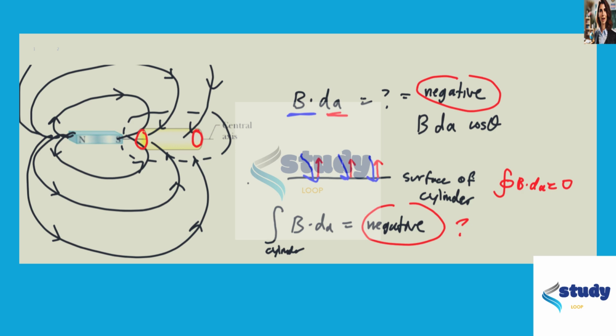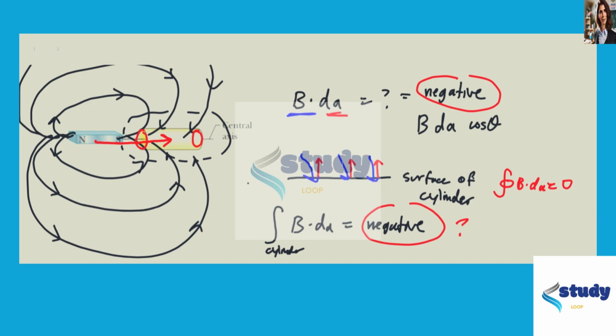Now, if we took this magnet and moved it inside the cylinder, Gauss's law for magnetic fields would apply, because the entire magnet is now enclosed inside this surface. So you have equal amounts of field lines going out of the cylinder as well as going into the cylinder.